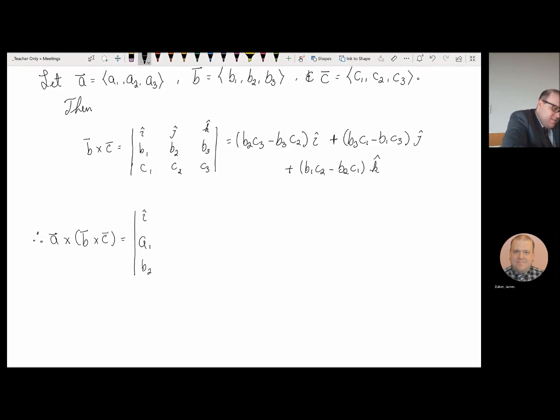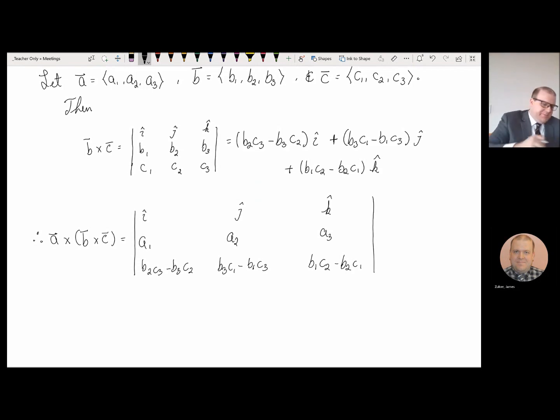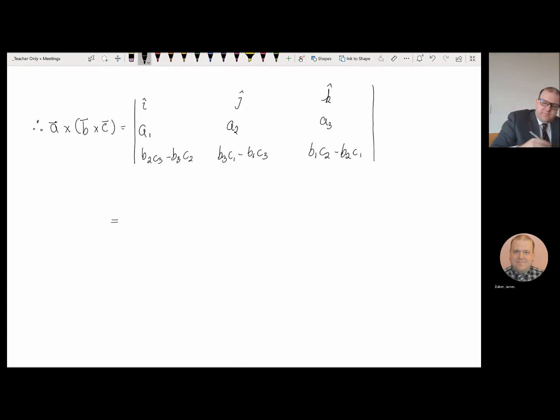And the third row would be the B cross C. Right, so now we just need to take that 3x3 determinant. This is where the algebra is going to get fun.